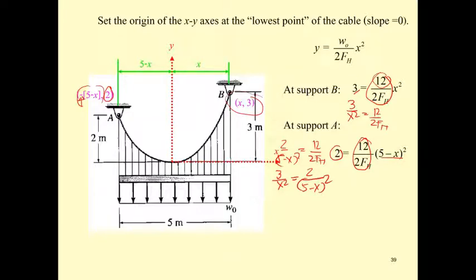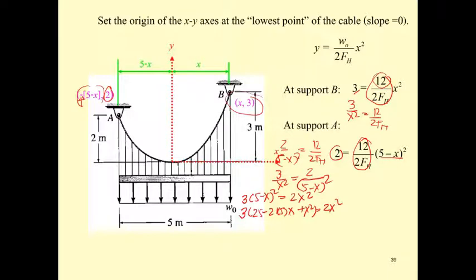And then if you cross-multiply, this is going to be 3 times (5 minus x) squared equal to 2x squared. And then you get 3 times, this is 25 minus 10x plus x squared, equal to 2x squared.